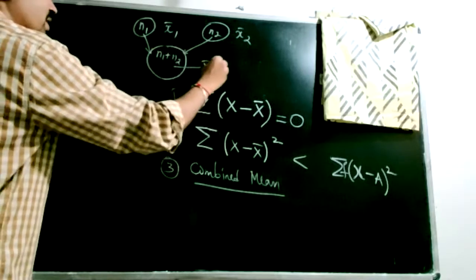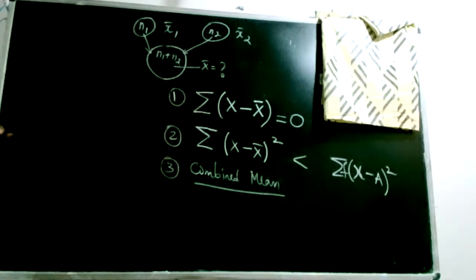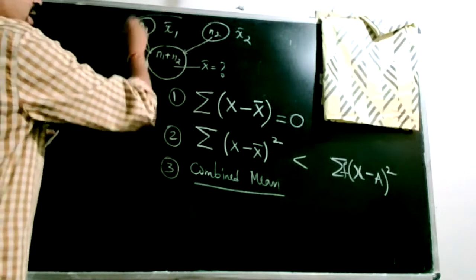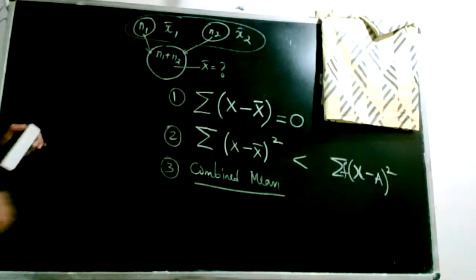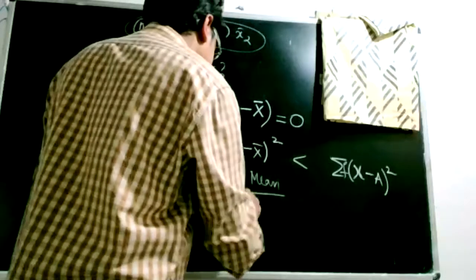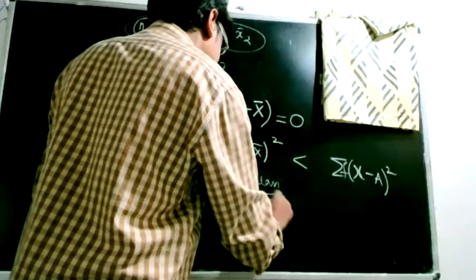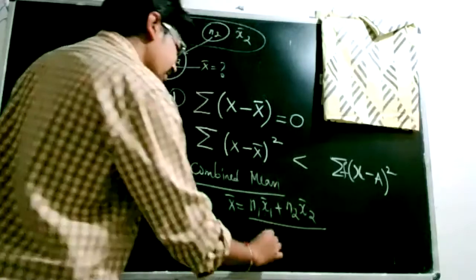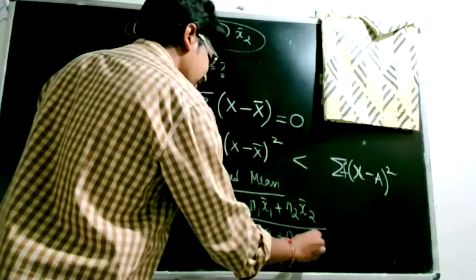Now if you ask what will be the mean of such a distribution, that could be easily obtained just by the information on n1, x1 bar, n2, x2 bar and so on. So the same formula could be used. This is the formula: n1 x1 bar plus n2 x2 bar divided by n1 plus n2.